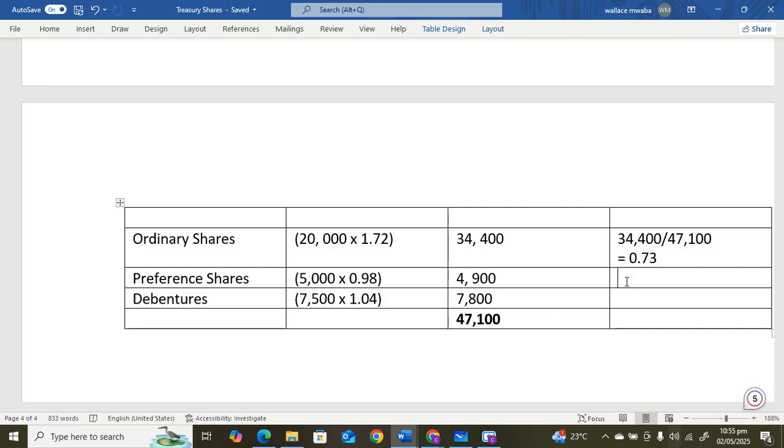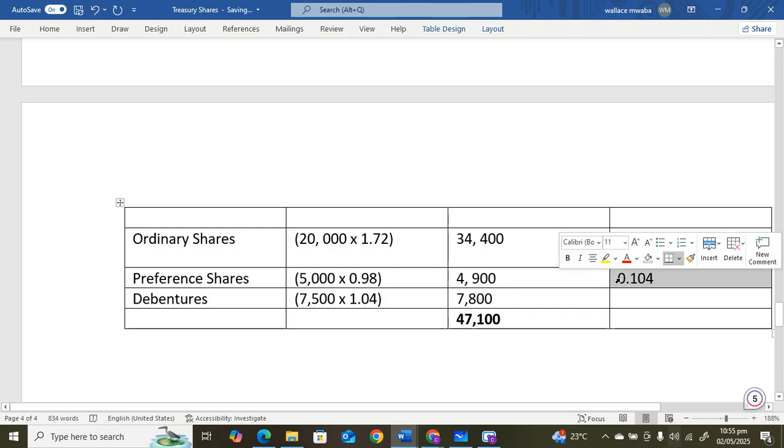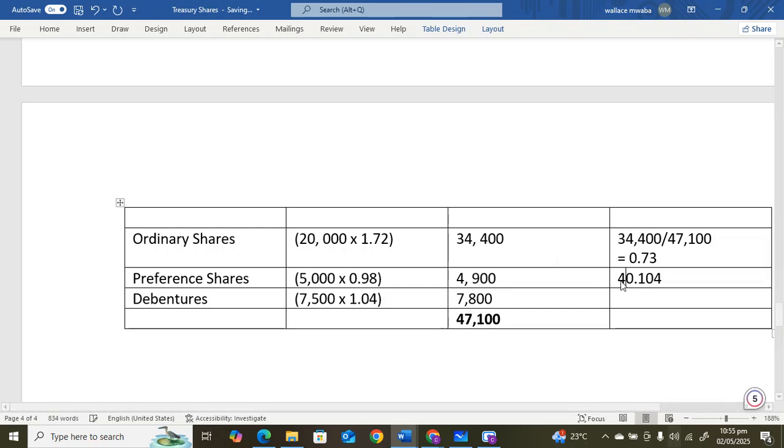Correct. Okay, so can somebody give me that value? 0.104.